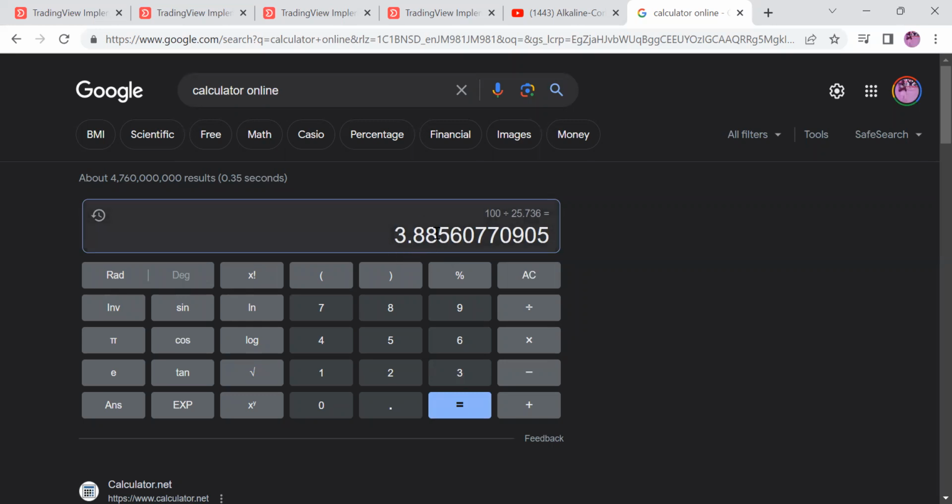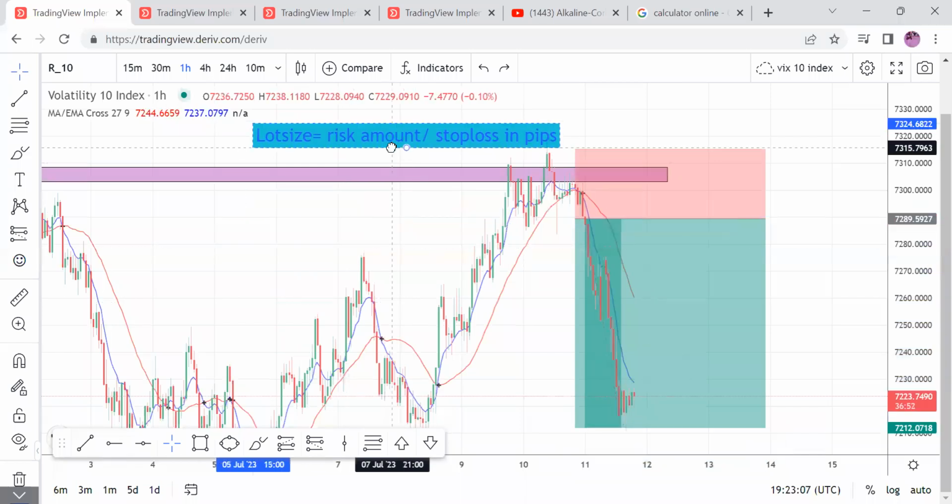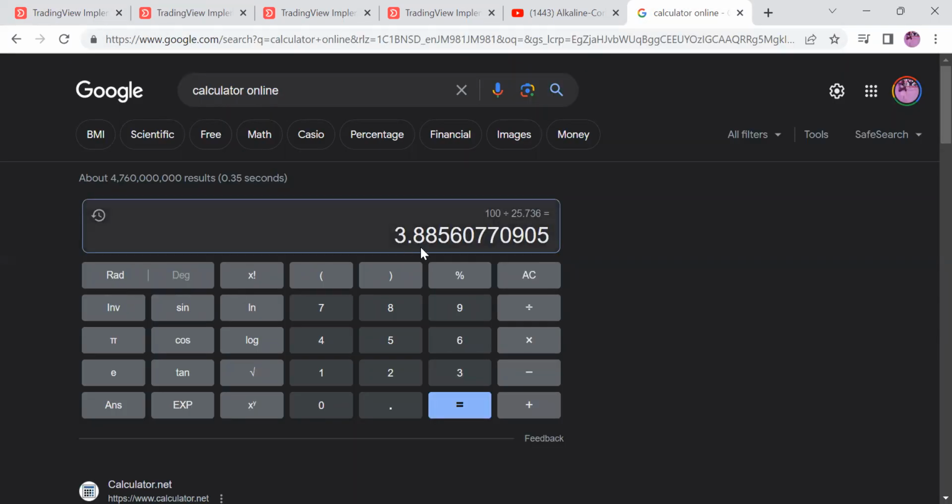So this is our lot size, guys. That's how we get our lot size in dealing with these indices. All right, so the lot size would be 3.88.